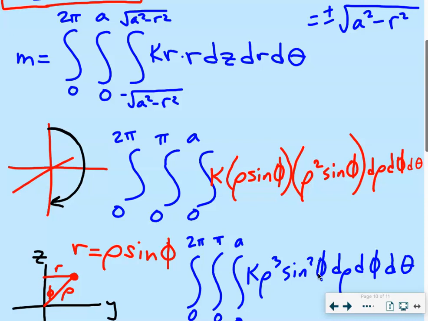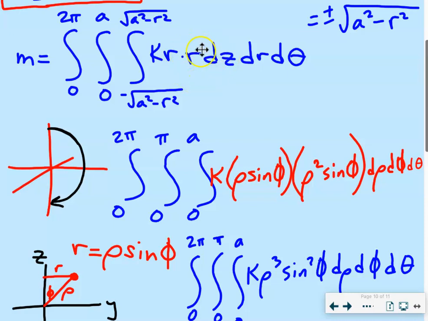Easy peasy, right? Right, Nathaniel? Okay. So, yes, to Josh. Wait, so since it's kr squared, wouldn't it be k times rho sine phi? So this r was added to convert it to cylindrical.